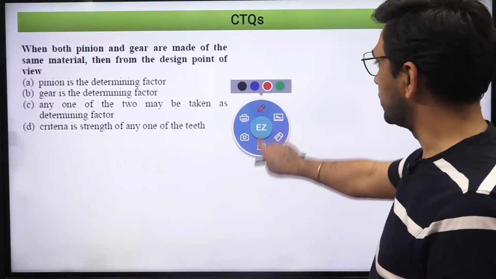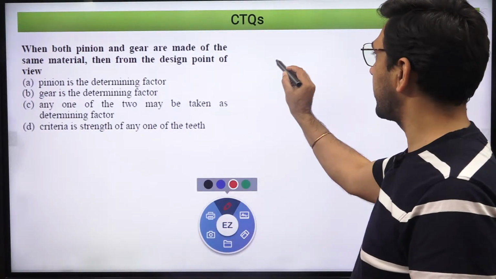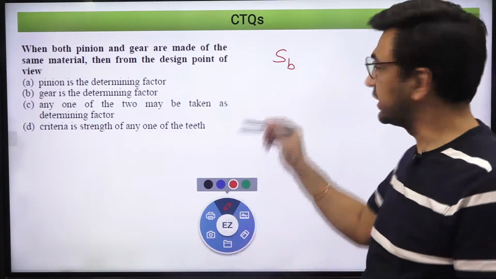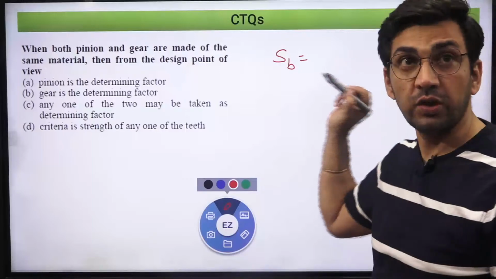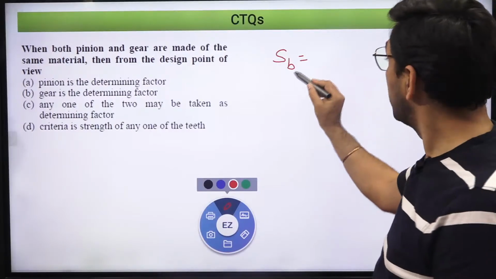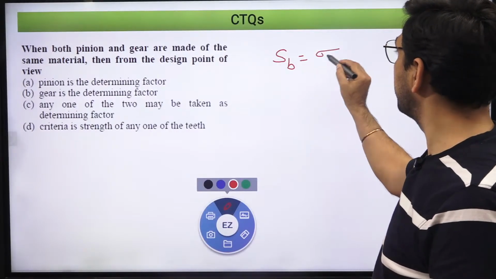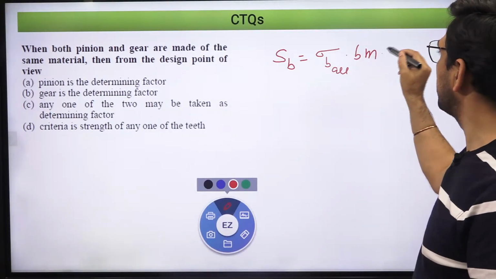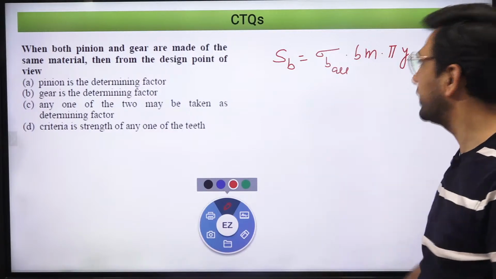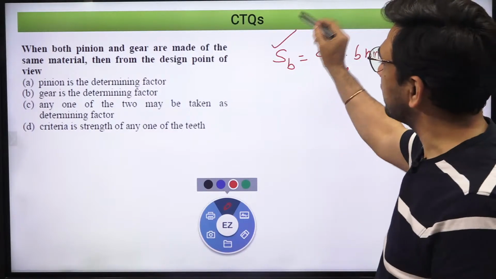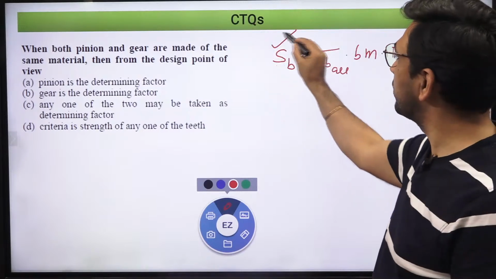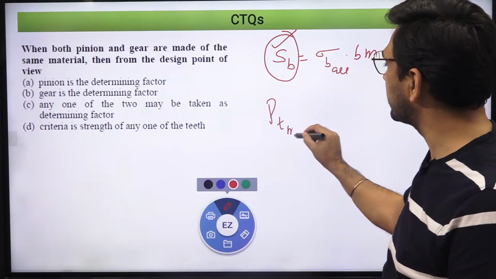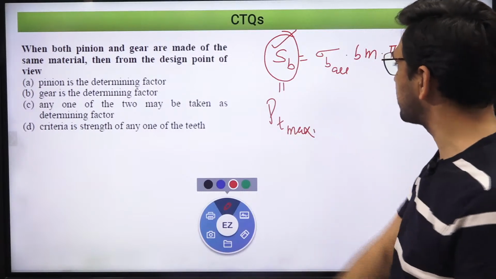You already know the beam strength of the gear tooth is given by sigma_b allowable into pi y b m, that is, b m into pi y. This is the beam strength of the gear tooth. It means this is the maximum tangential tooth load that your gear tooth can carry.